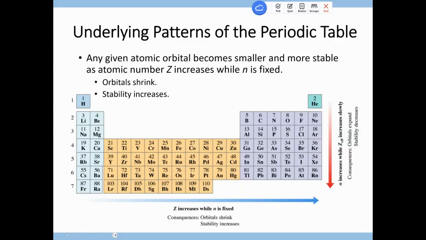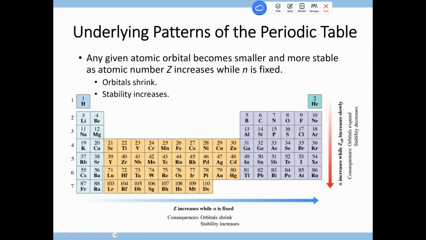So if this is our nucleus, electrons are in the same energy level as you go across a row, but you're increasing in number of protons in the nucleus, so they can pull the electrons a little bit closer to the nucleus. So that's why the atomic size decreases when you're increasing the number of protons but you have your electrons in the same shell. So that's going across a period.